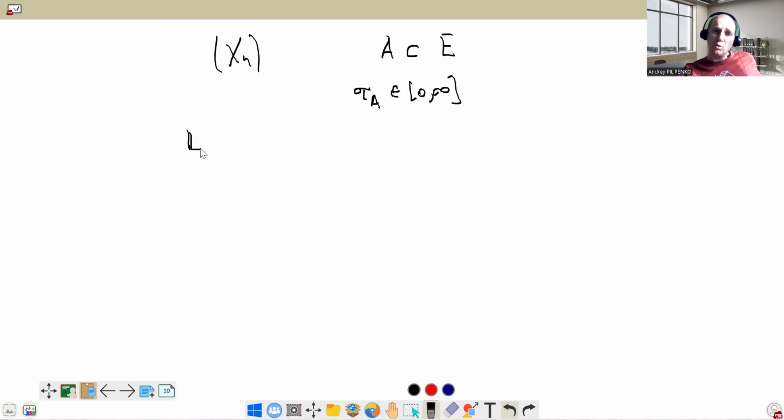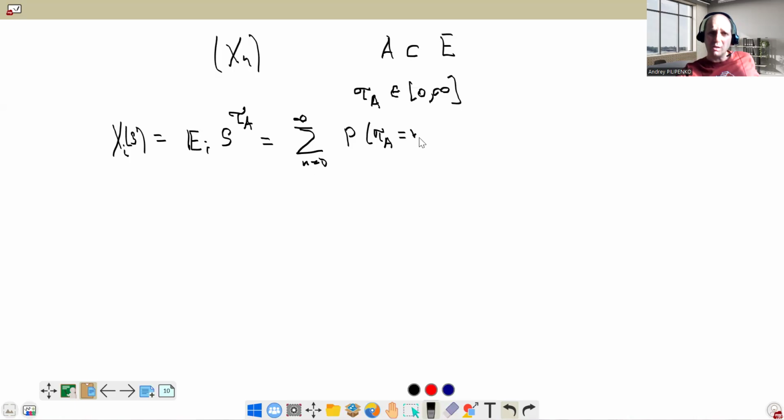And I wish to find the generating function. Okay, let me write it like xi of s is a generating function of this random variable. So the sum of probabilities that tau A is n, you start from i, times s to the power n.